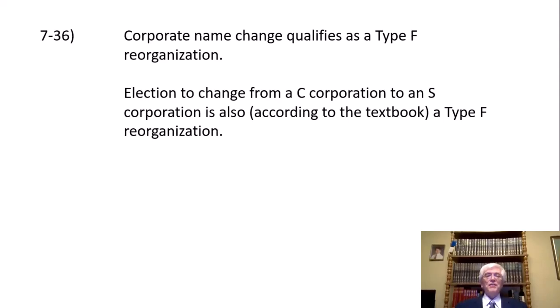In New York State, actually, if you want your C corporation to be treated as an S corporation for federal and state purposes, then you have to file the proper paperwork with both the IRS and the New York State Department of Taxation and Finance. But you're not changing the corporation. The identity of the corporation stays the same. So I don't know why the textbook said that's an F reorganization, but they do say that. So I don't know. Okay. Anyway, definitely the name change is, maybe this C to an S also is. I'll accept it unless and until I find out differently.